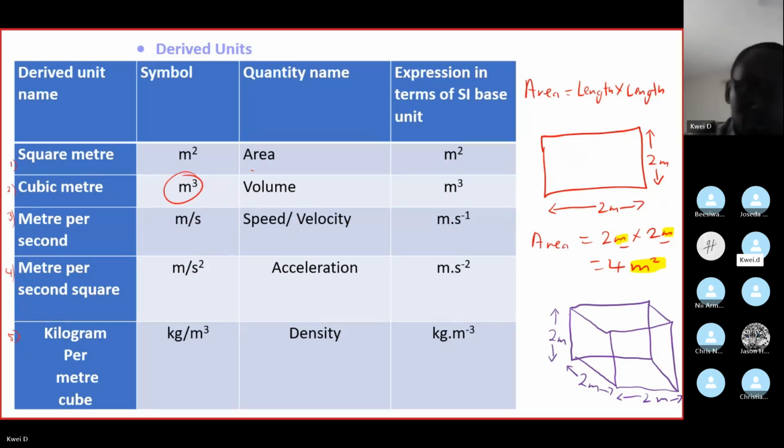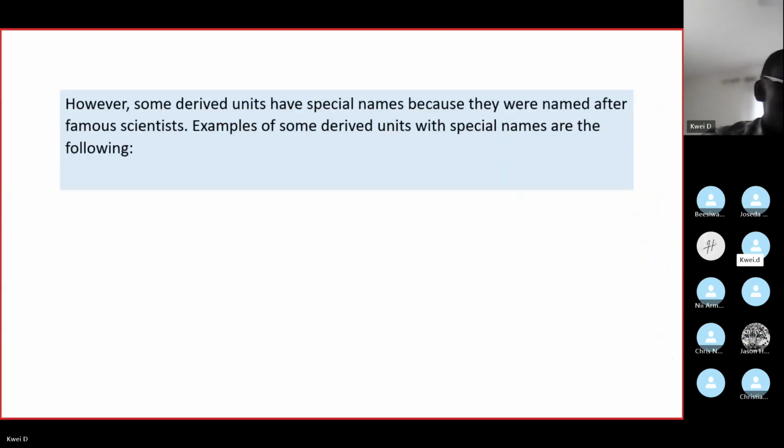We also have derived units that have special names, because they were simply named after famous scientists. And what are some examples of these derived units that have special names?